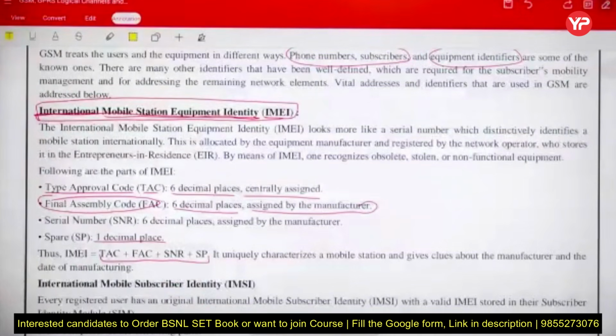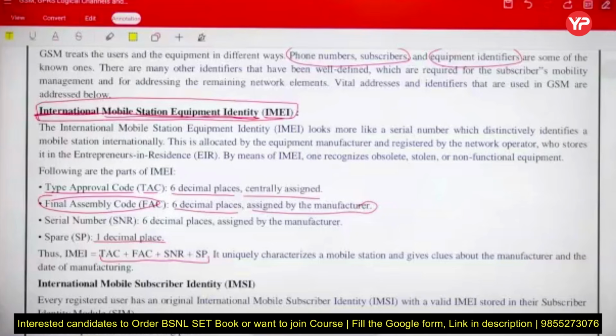So that's about the IMEI number. Basically, it is a unique code or serial number which will distinguish the identity of a mobile station globally.